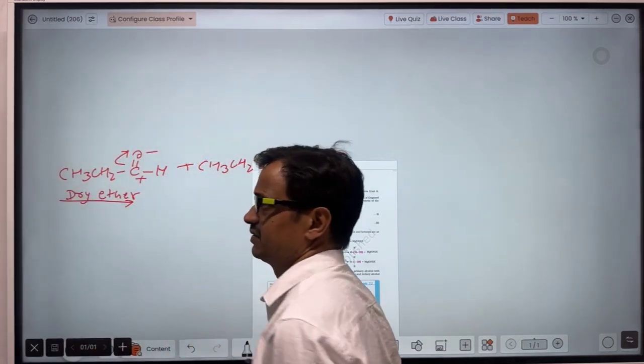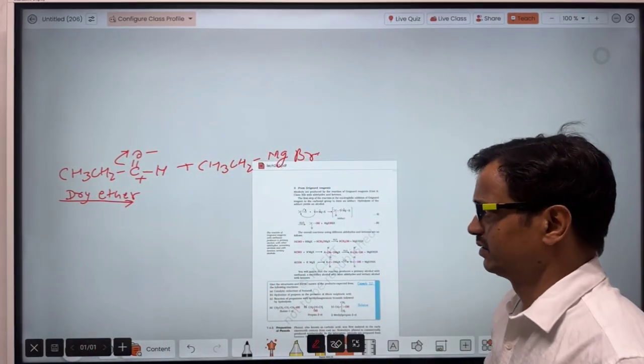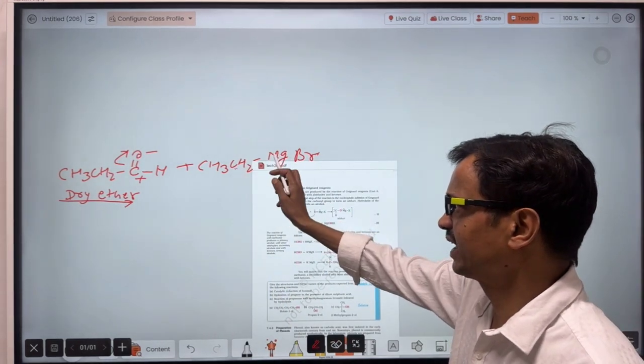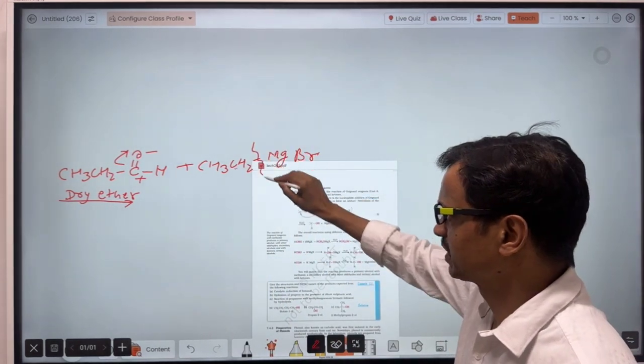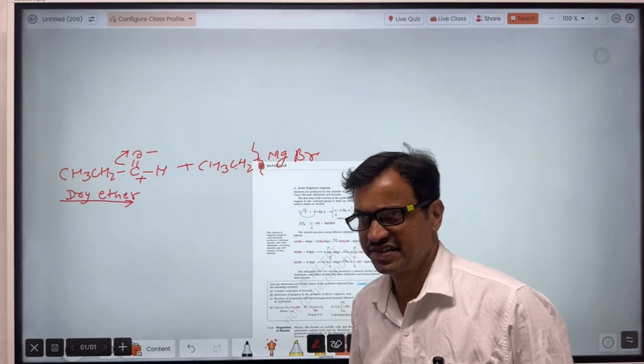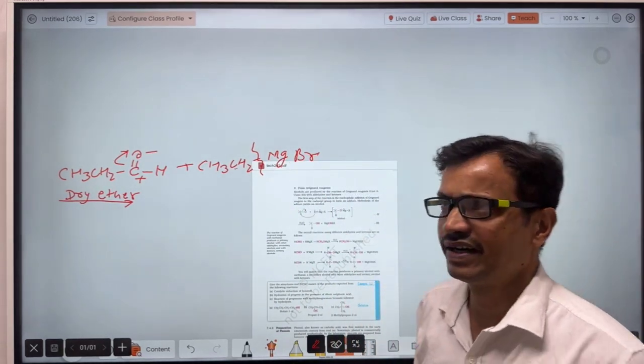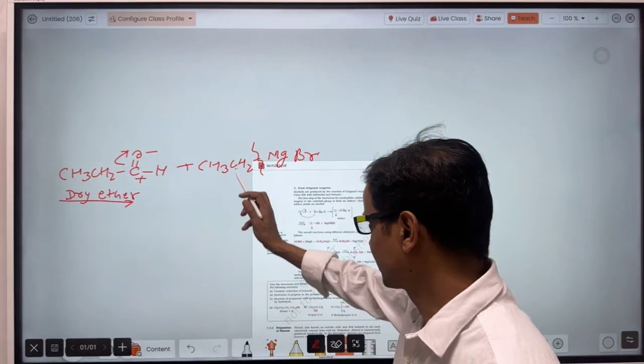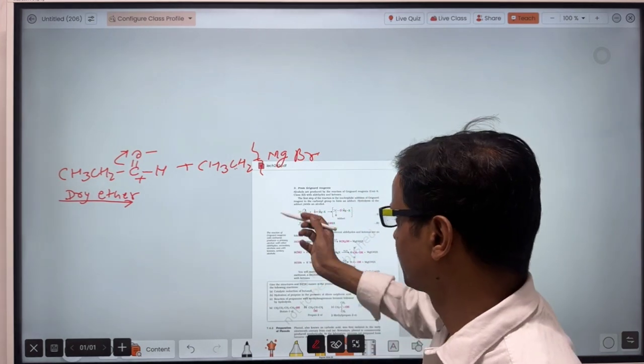In this Grignard reagent, there is covalent bonding between carbon and magnesium. So the bond will dissociate from here, in which magnesium is a metal. So it will acquire the positive charge and carbon will acquire the negative charge.